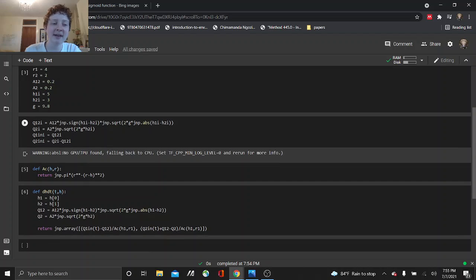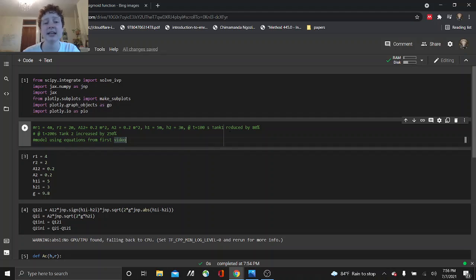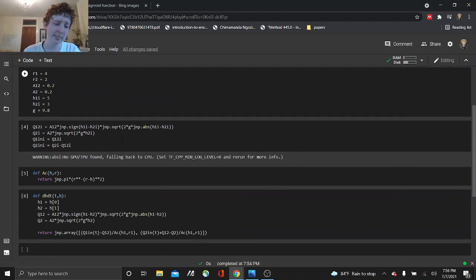What's nice about that is we can use that to look at a specific time frame in which this change is occurring. So we can use it to specifically look at 100 seconds, and we can use a specific scale so we can take into account that tank 1's flow rate is being reduced by 80% and that tank 2's flow rate is being increased by 250%.